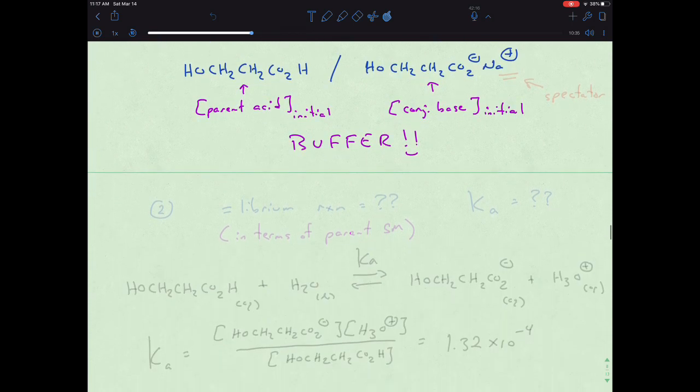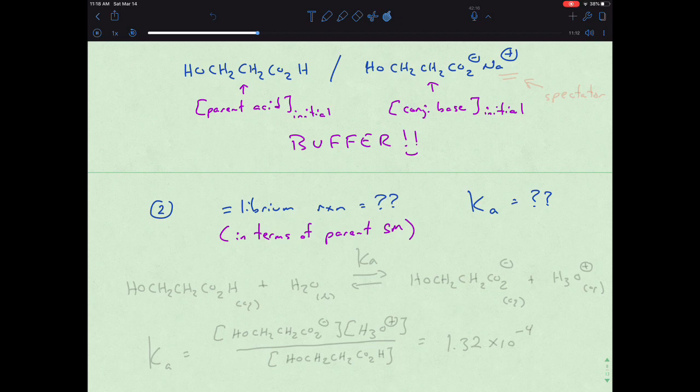Once we recognize what type of question we're involved with, the second part of the methodology is: what is the equilibrium reaction, and what is our Ka equal to? For our equilibrium reaction, we want it in terms of the parent as the starting material.